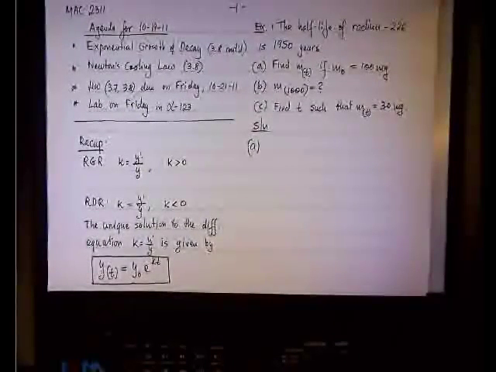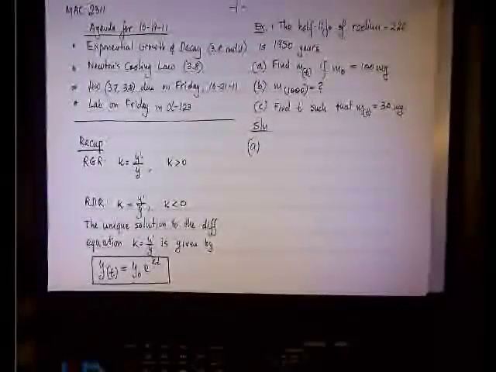So what happens with radium, as well as other radioactive substances, is there is a constant emission, and the rate of change is proportional to the mass.